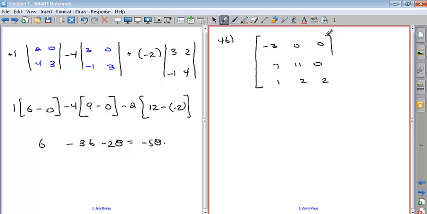Now, in this case, sometimes it makes sense to choose either a particular row or a particular column that has the most zeros in. So in this case, we could either choose first row or the last column. Well, we've done the first row first, so let's do the last column just to be different.